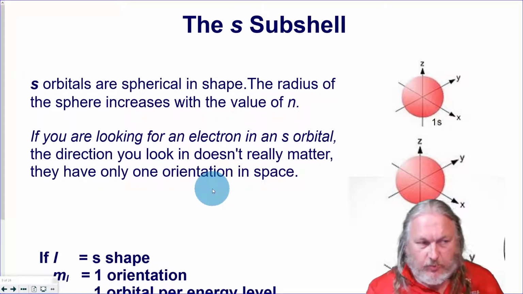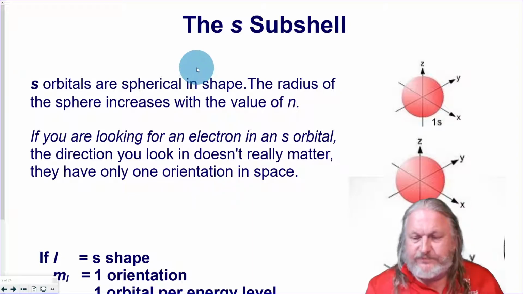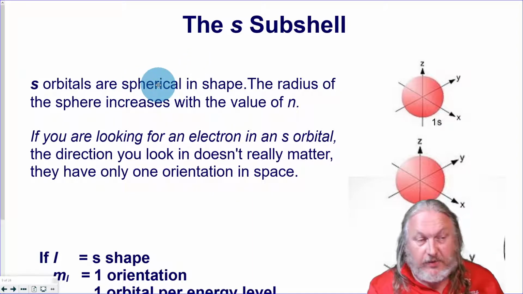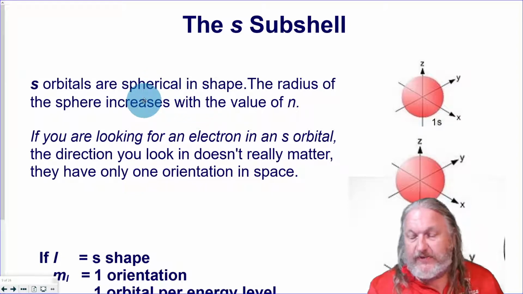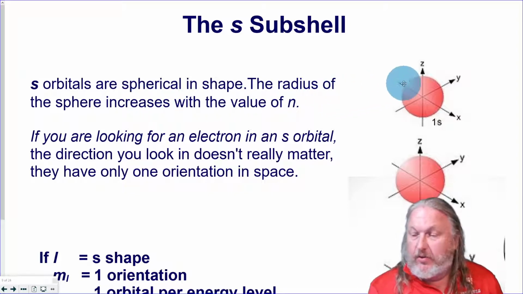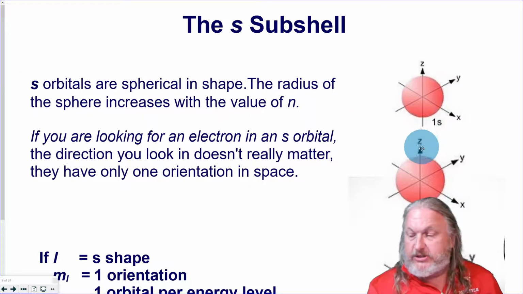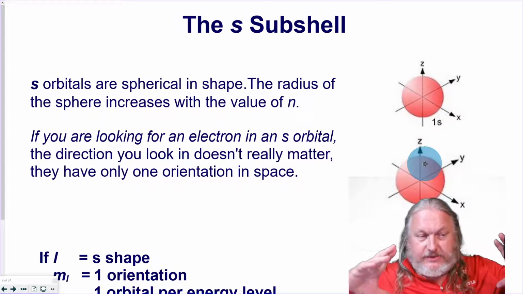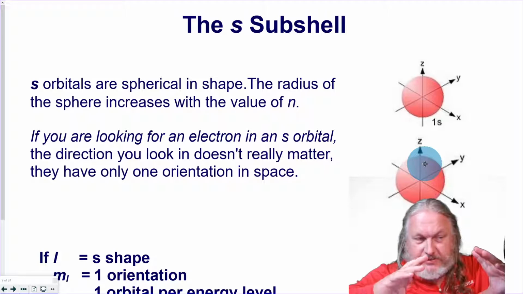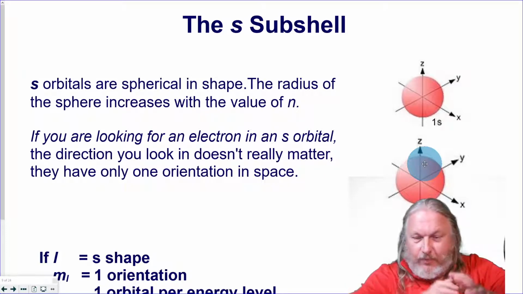So the S orbital, or the S subshell, is spherical in shape. S for spherical. And the radius of the sphere will increase with the value of n. So 1s is much smaller than 2s, and then 3s is much bigger than 2s, which is bigger than 1s.